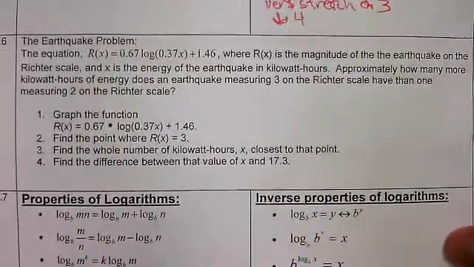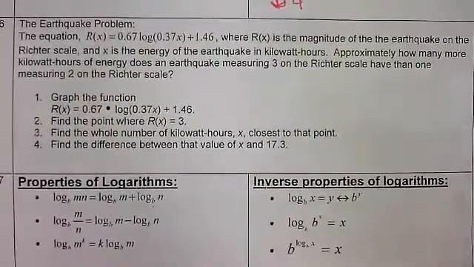Let's take a look at a real world problem that you might see. This is the earthquake problem. We know quite a bit about earthquakes, and we use the Richter scale. The Richter scale was only meant for earthquakes in California, but we now use it everywhere.